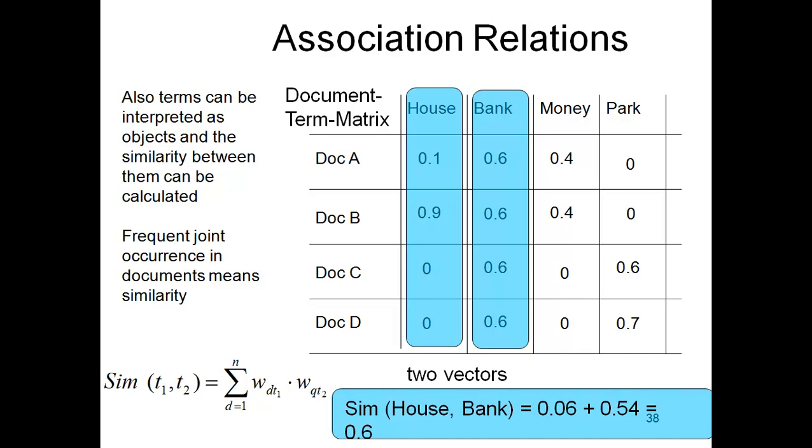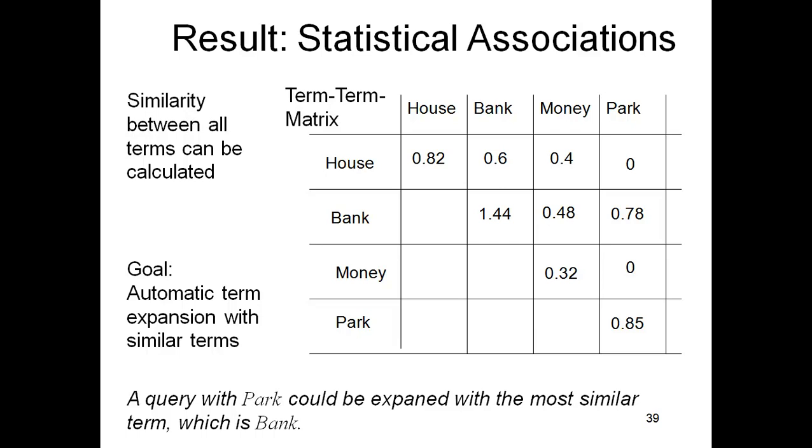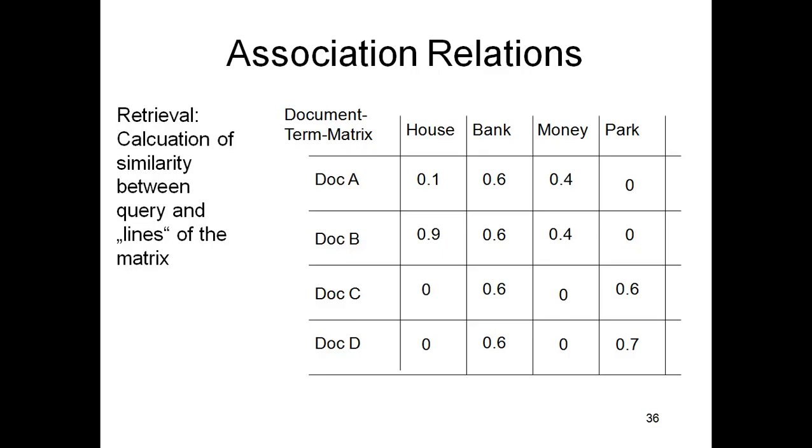So we don't have to know what these words really mean. In this case, we can easily say yes, bank has a high similarity with this word and also with this word, but these two are completely dissimilar. They represent the two contexts in which bank can occur.